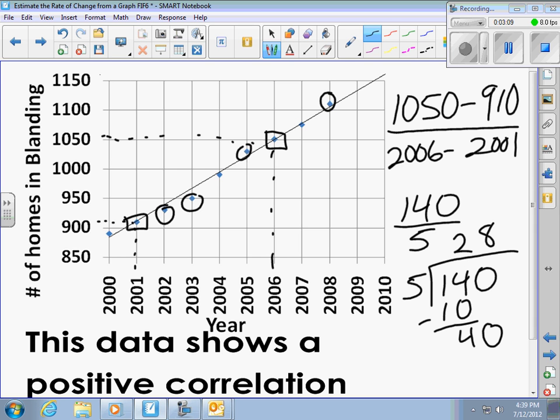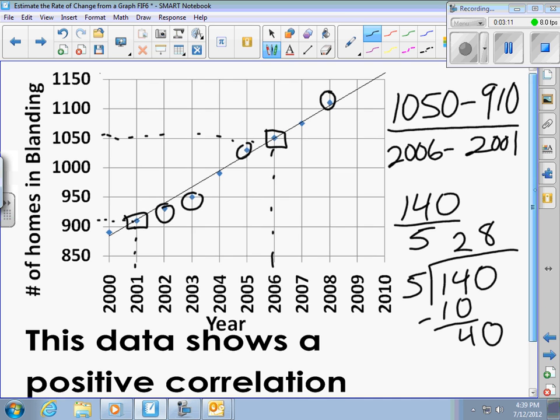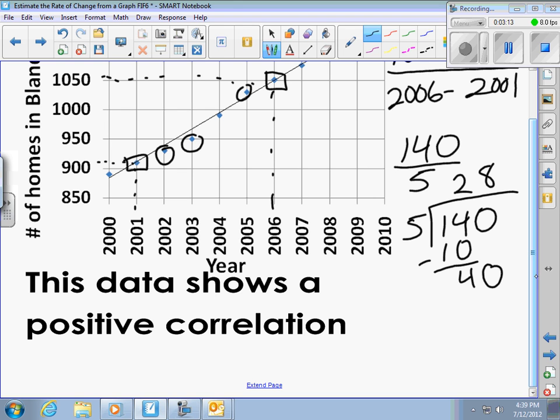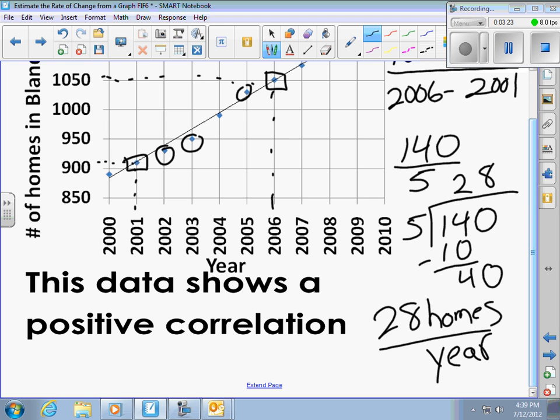So we think that an estimate is about 28 homes per year. It's not always the same, but for planning purposes, that would probably be a good number to use if that data were really what the number of homes.